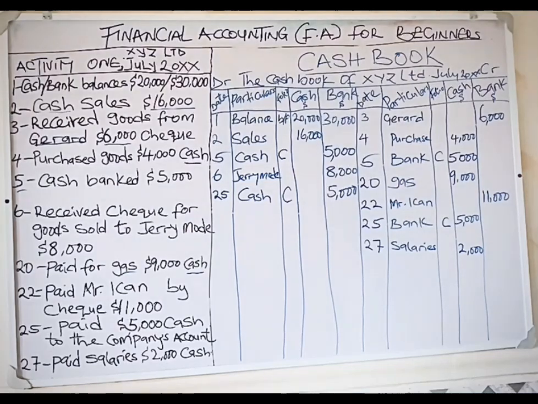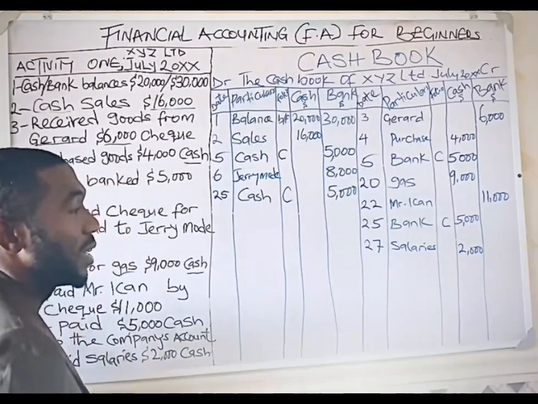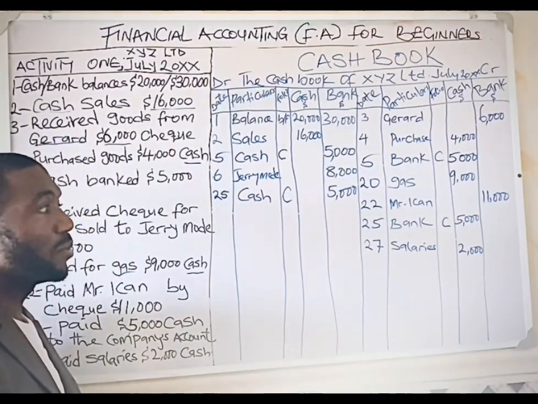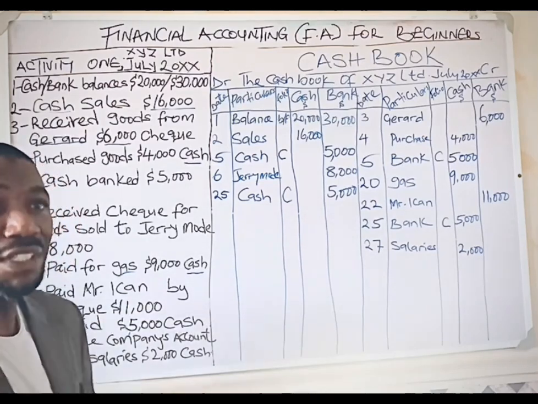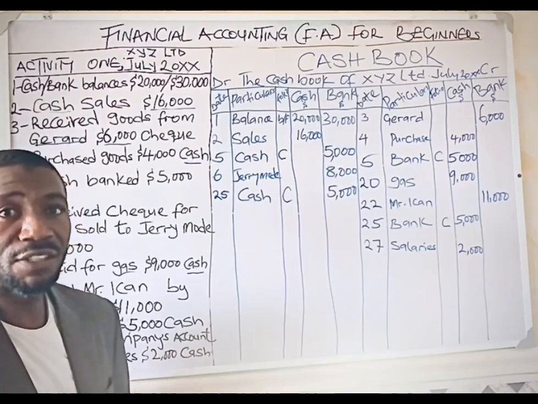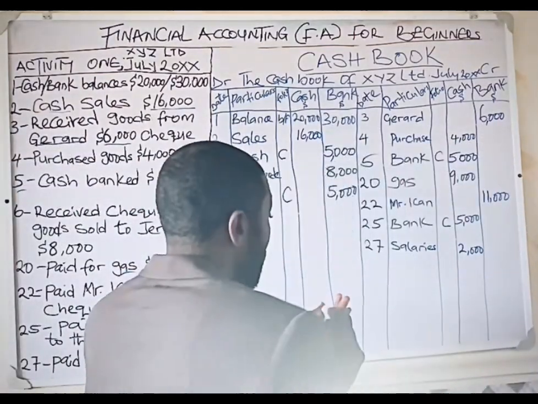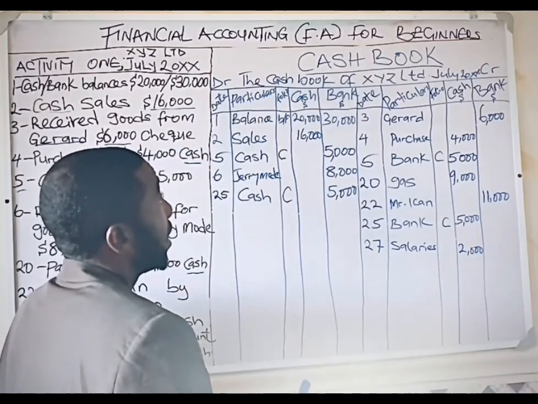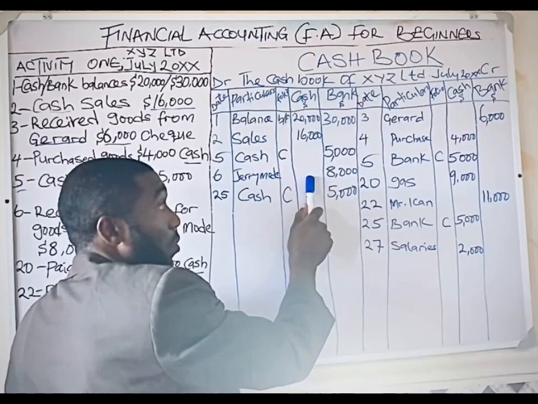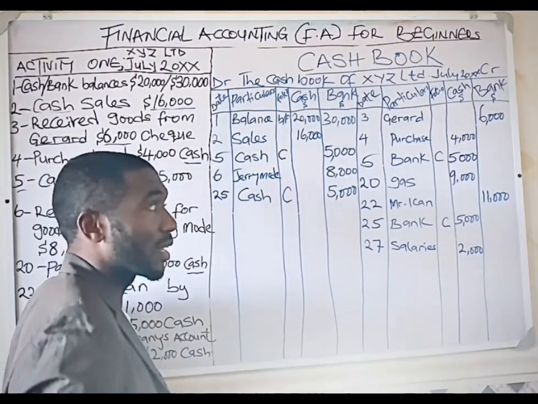Now we are going to balance it. In balancing your cash book, at times we also get confused because students normally mix it up. And the balancing of cash book is very simple. First thing that you need to know is you compare your debit side of the account with your credit side of the account whenever you are balancing an account.